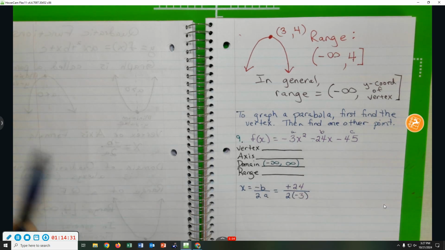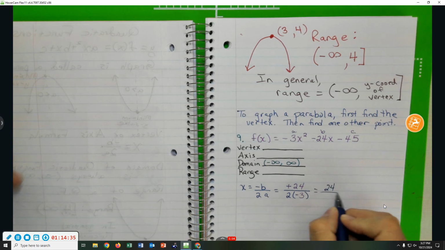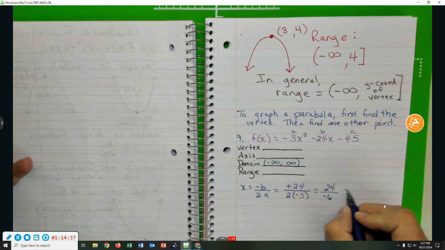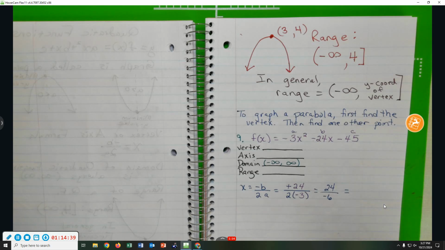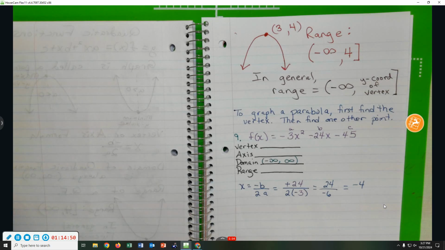Are we getting positive 24 divided by negative 6? Y'all agree with this? Y'all caught up with me? Y'all are mighty quiet. A negative 4. So is the vertex negative 4?